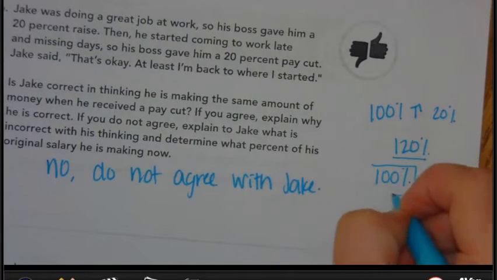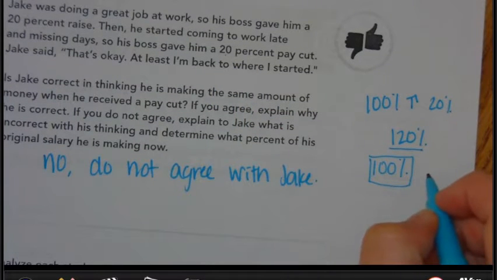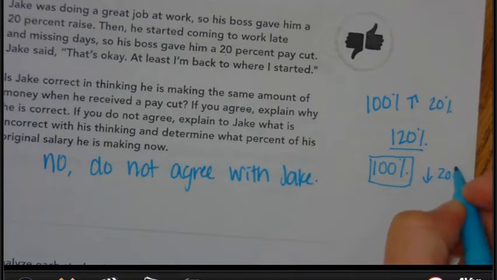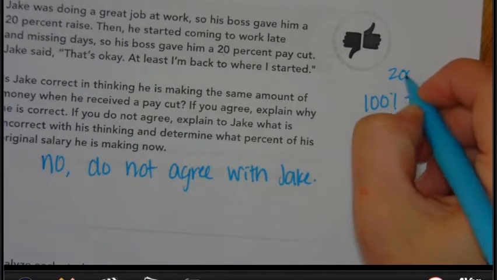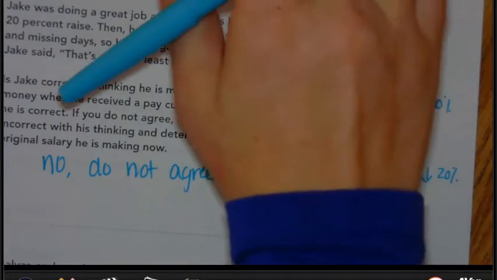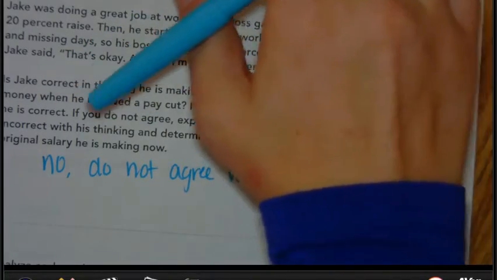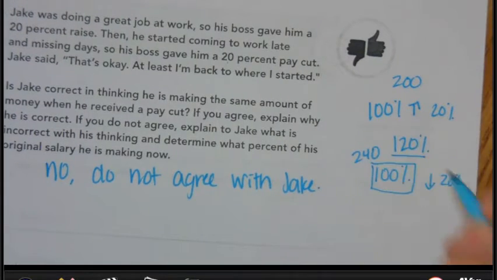This is what I'm making now. Then I'm told that I'm going to take a 20% pay cut, which means I'm going to take 20% of this number. Say, for example, this number was 200. Then 200 times 0.20 is 40. This is now 240.